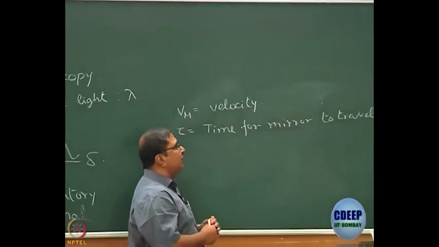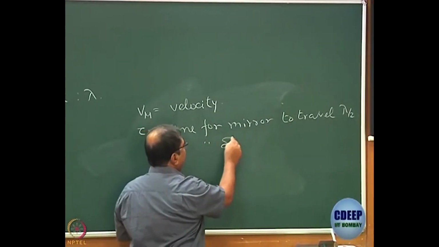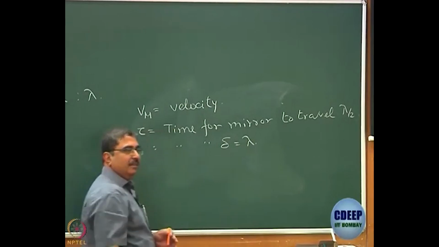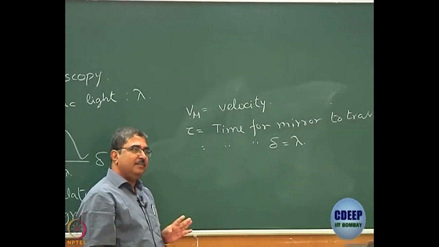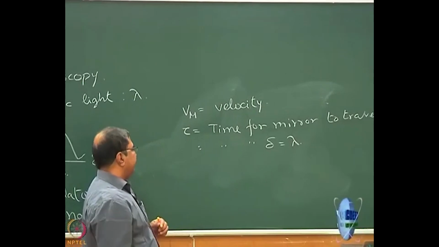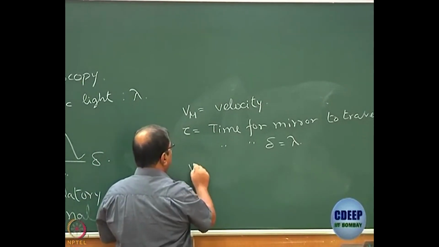So, tau is the time for the mirror to travel lambda by 2, that is the time for delta equal to lambda. Are we clear about that? Time for delta equal to lambda, right? Alright. So, now what is your Vm tau?